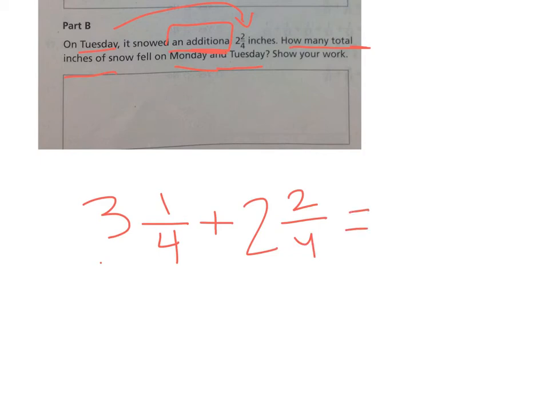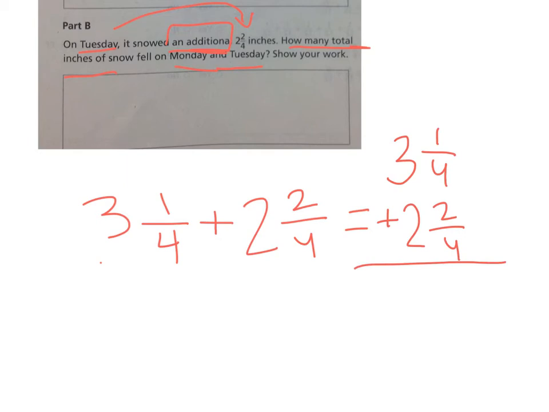So let's put this into a working problem. 3 1/4 plus 2 2/4 equals. So since we know that the denominator is 4, let's bring that down.